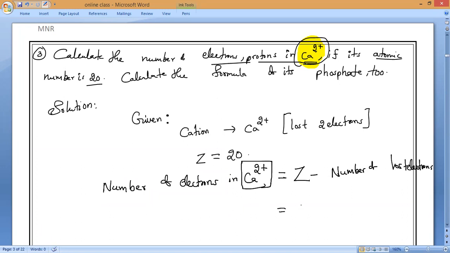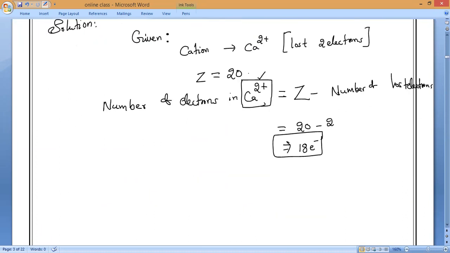Z means what? 20 minus; 2 plus means how many electrons lost? 2 electrons. So what is the total number of electrons in the calcium ion? 18 electrons. That's all it is. Write it. You understand the question?